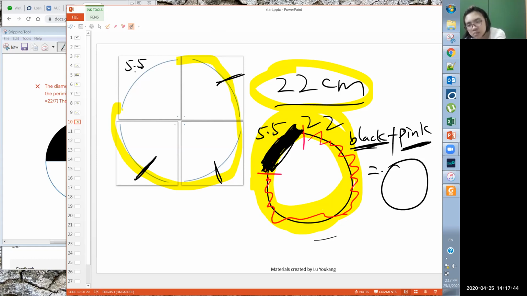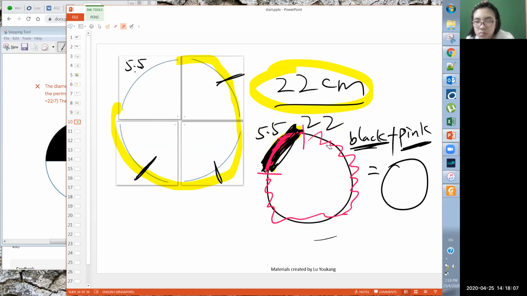Black plus pink is the entire circle. Am I right? Then what were you thinking just now? I keep asking you black plus pink.